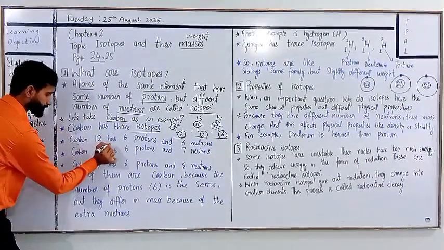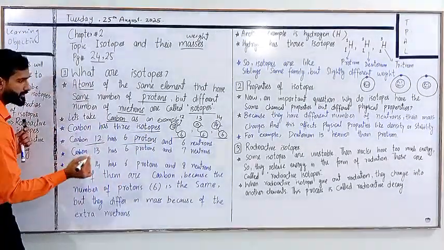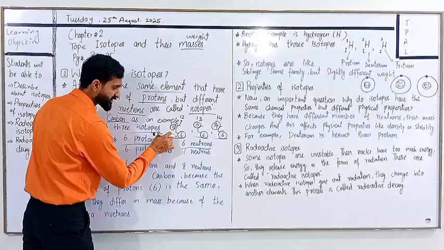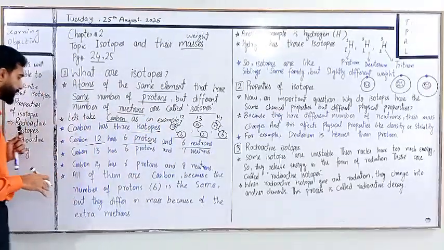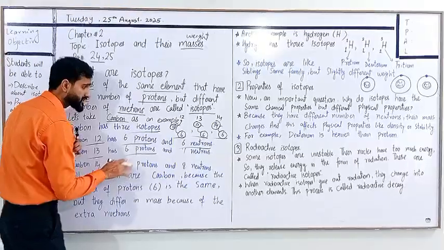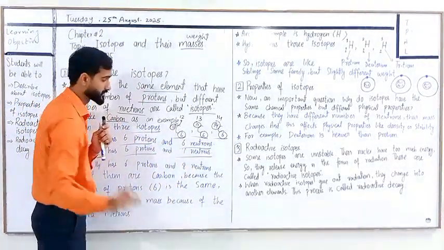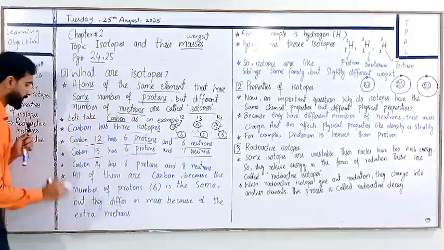For example, carbon 12 has 6 protons, we know that, and 6 neutrons. Carbon 13 has again 6 protons, but where does the difference come? In the number of neutrons. They have 7 neutrons.